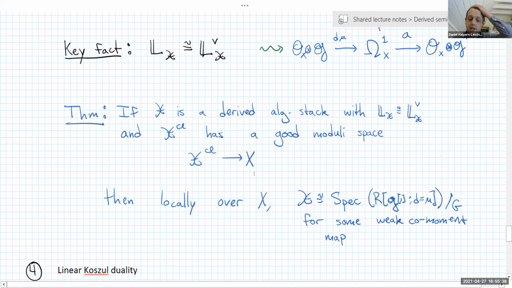In other words, after base change along an étale map to the moduli space, that will give you an étale cover of X which has this form. So étale locally over the good moduli space, these weak comoment maps, any stack with a self-dual cotangent complex looks this way. So this is basically a local model.